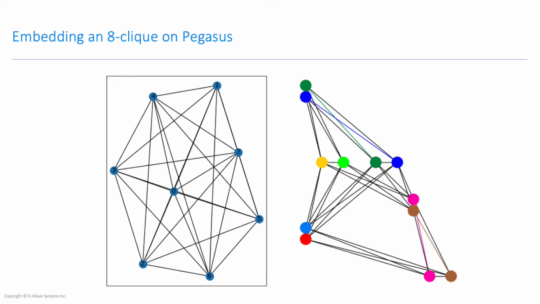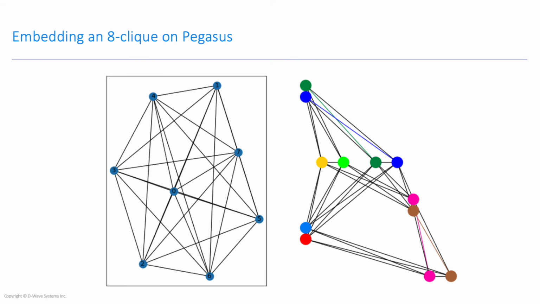And so the Pegasus architecture, because of the way it was designed to reduce the chain length by providing a lot more connectivity. In the Chimaera graph, the degree is 6. In other words, each node is surrounded by 6 other nodes with couplers, and in Pegasus it's up to 15. So there's much more connectivity, and as a result, the chain lengths go down.